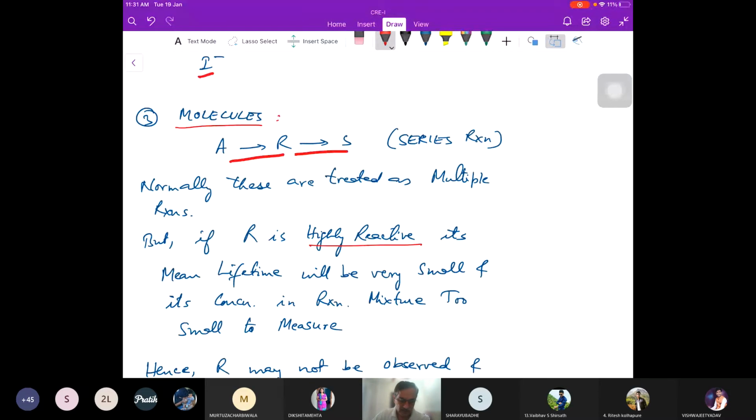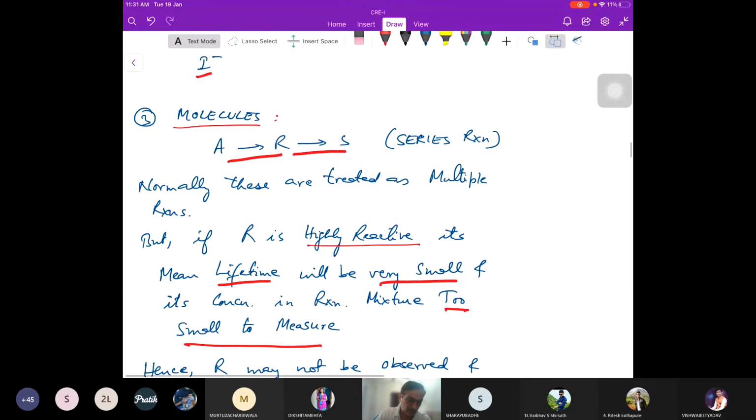But if R is very reactive, its lifetime or half-life is very small, so its concentration in the reaction mixture is too small to measure, right? Just like an intermediate, it forms and immediately it decomposes. So in that case, it can serve as a reactive molecule. That is what this R is going to be. ठीक है? Any questions on types of intermediates?